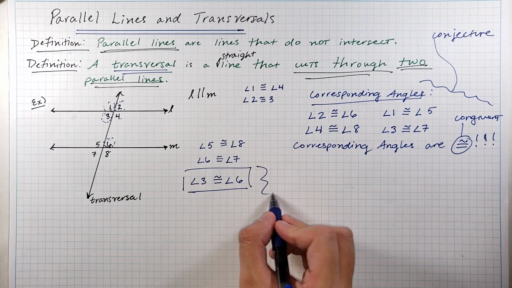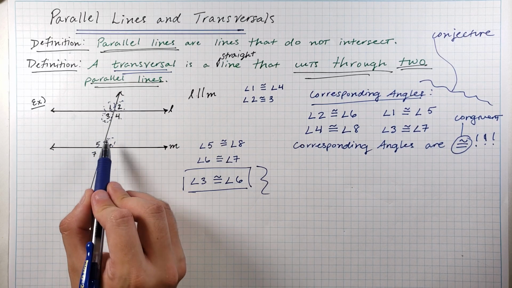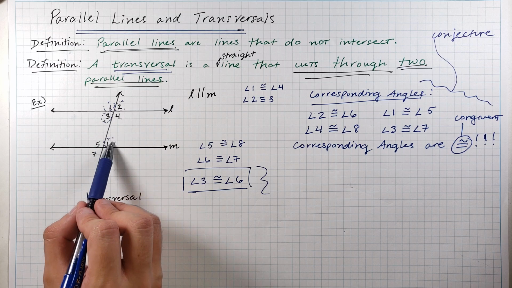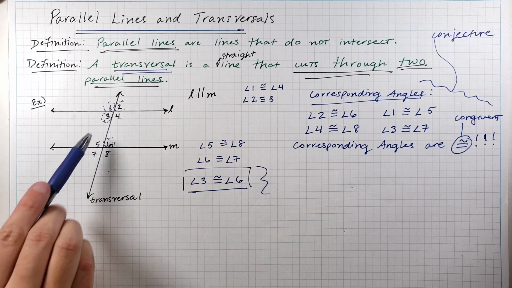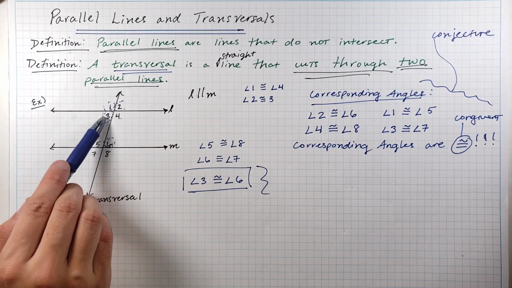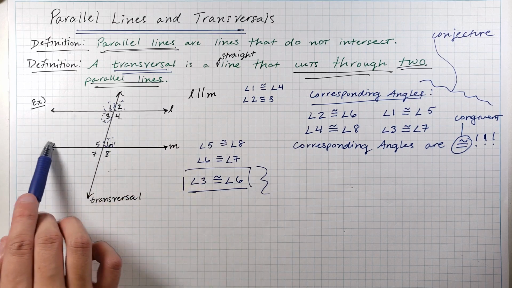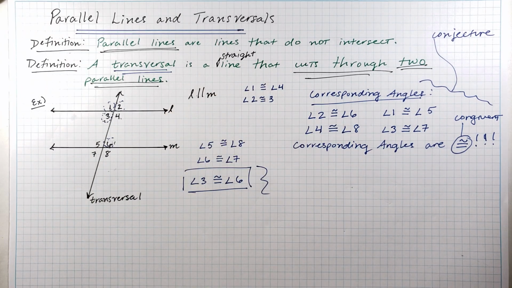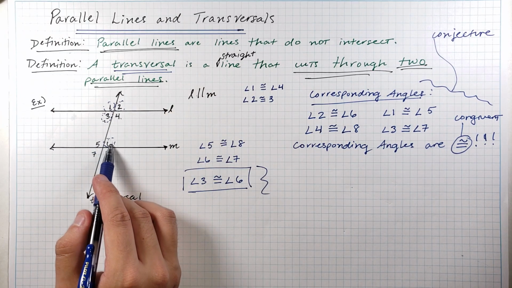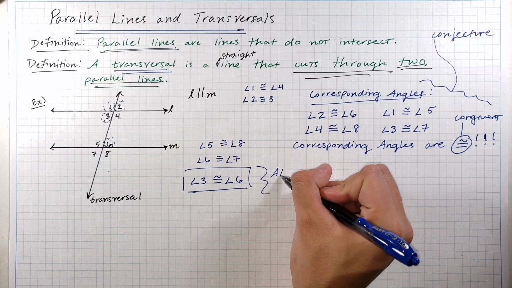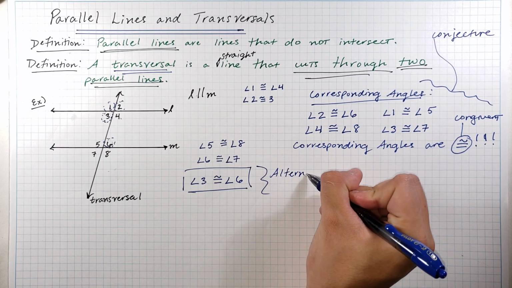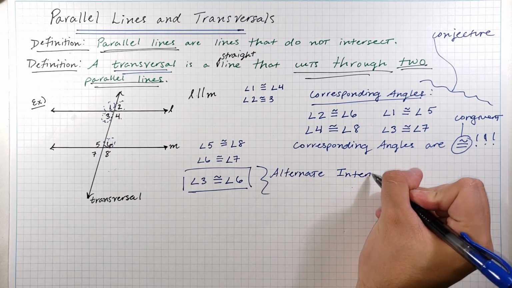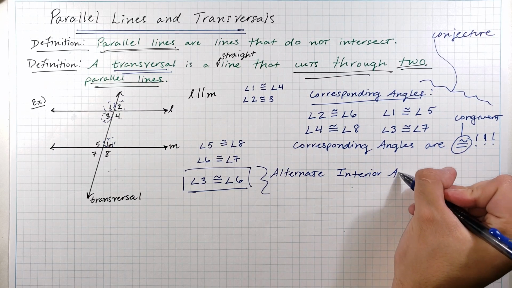We call these alternate interior, because as you can see, we're alternating across the transversal and we're on the interior of these parallel lines. We're on the inside and we're alternating. And so we say angle 3 is congruent to angle 6, and we call those alternate interior angles.